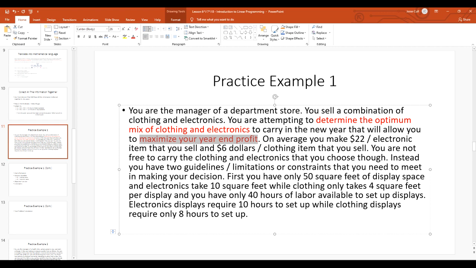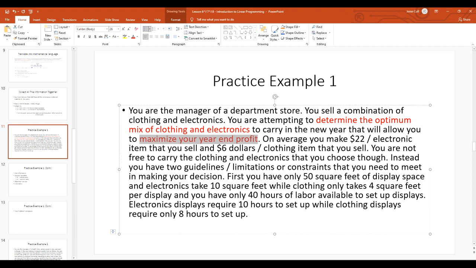Now, we know we want to determine how much clothing and how much electronics to carry to maximize our year-end profit. But we also have to check. We need our parameters, which are the numerical values, the numbers associated with our two choices.